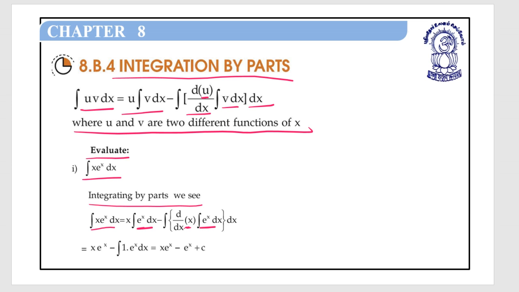So x into e raised to x minus d x by dx, it becomes 1. Integration of e raised to x is e raised to x. So x e raised to x minus e raised to x plus c.